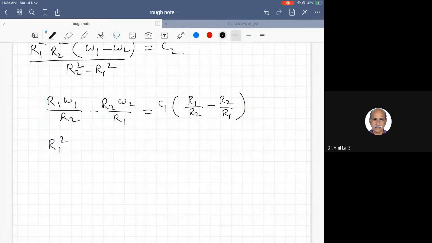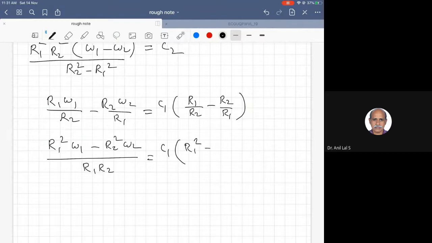R1 squared omega 1 minus R2 squared omega 2 divided by R1 R2 is equal to C1 into R1 squared minus R2 squared divided by R1 R2. So we get that C1 is equal to this.